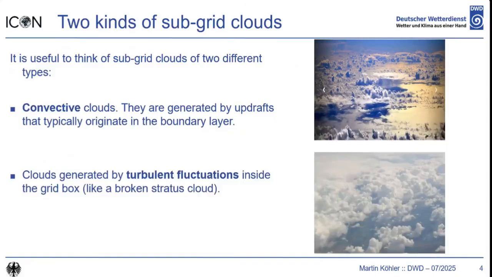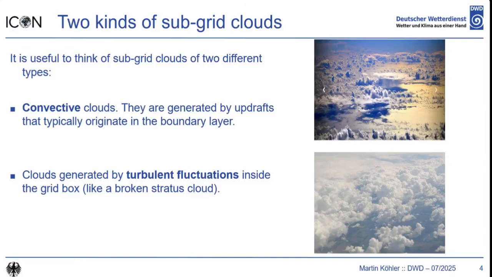Besides resolved and unresolved, there are also two kinds of distinctions one could make between cloud types: convective clouds and more purely turbulent clouds. Clouds often have to do with vertical motion, because during vertical motion you have cooling and then some cloud generation can happen.